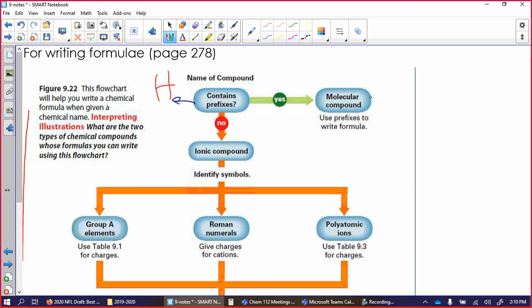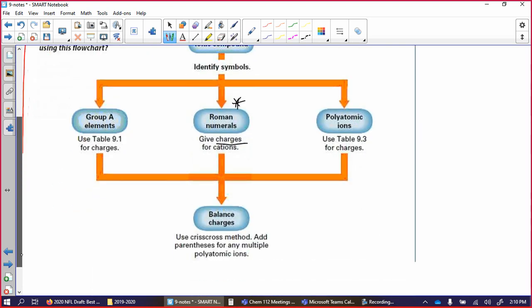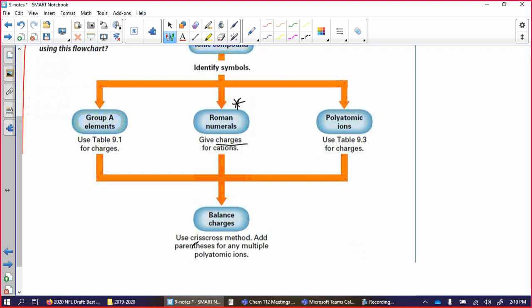If it has prefixes, it's molecular. If it doesn't have prefixes, I personally look for Roman numerals because that tells us charges. And then we have the polyatomic ions in the main groups. And you've got to balance the charges, ignore crisscross, it's evil and awful. Parentheses for why.